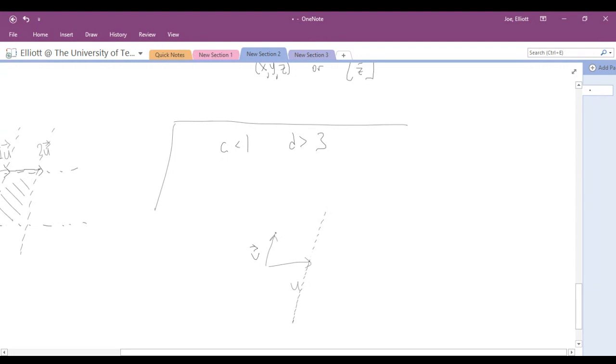Now d affects v. So if I think about 3v to start with, v is about here.